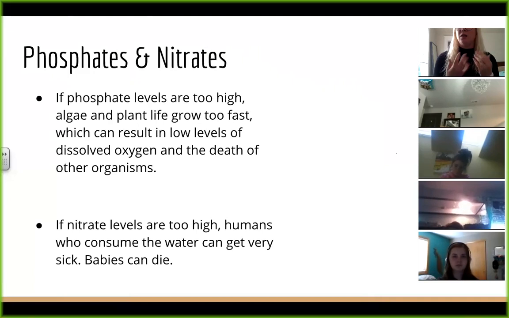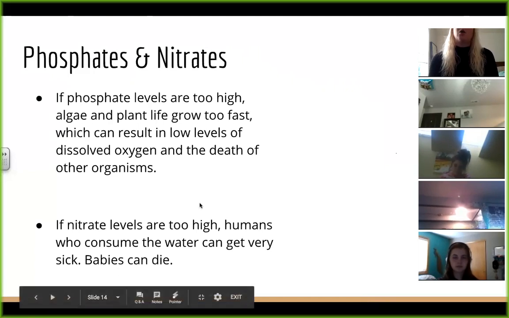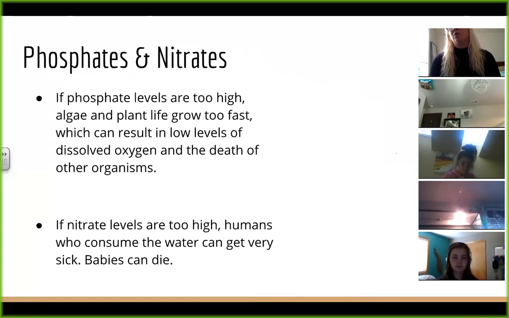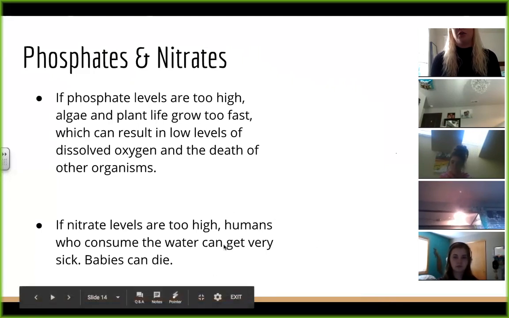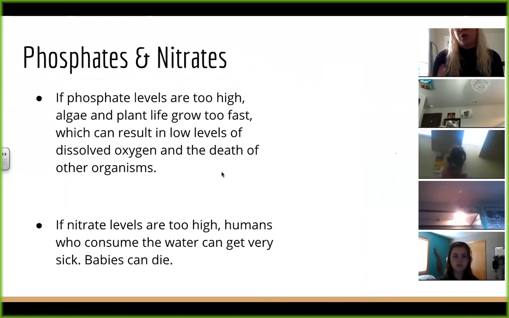So if they get some nitrogen in them, it can actually kill them. So this is something that is obviously heavily monitored in drinking water. We don't want people getting sick or dying because of nitrogen levels in the water. So it can kill organisms through eutrophication, and also just high levels of nitrogen and phosphates are not good for us. Specifically, nitrate can cause you to get sick and or possibly die depending on your size and how much nitrogen you were exposed to.